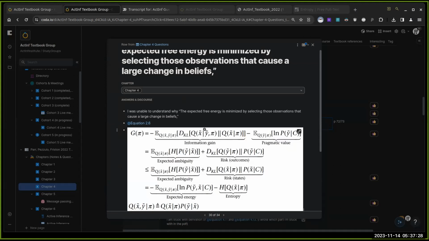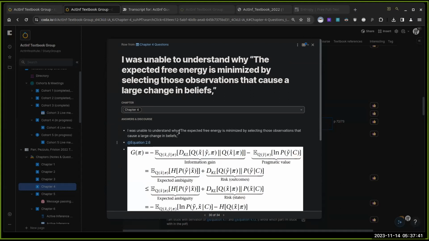Policies that result in sequences of observations that have a large impact on inferences about hidden states through time, x tilde, are loaded with high information gain, high epistemic value. So expected free energy is minimized by selecting observations that cause a large change in belief. Yes, that's half the picture. Expected free energy is contributed to by both the epistemic and the pragmatic value.